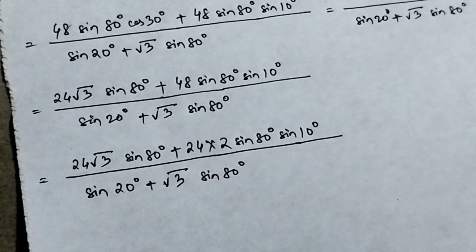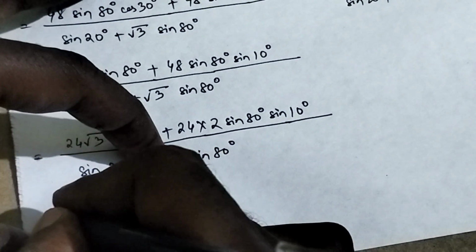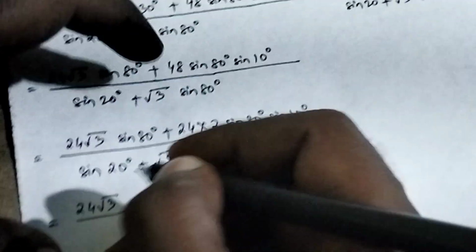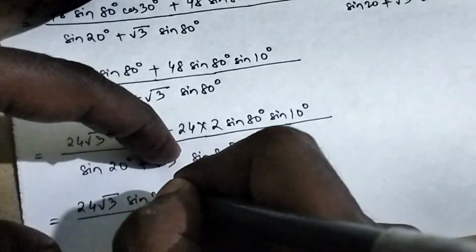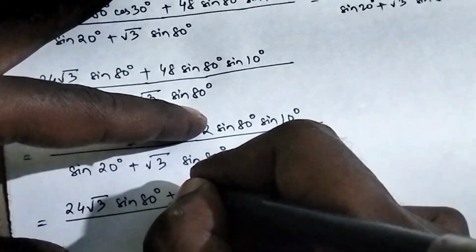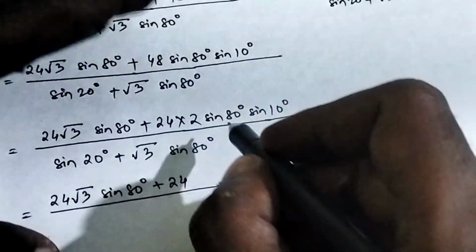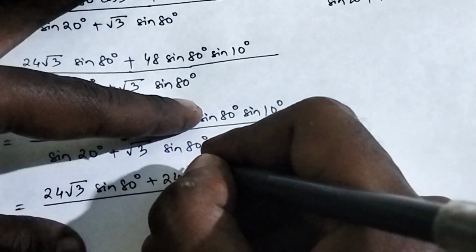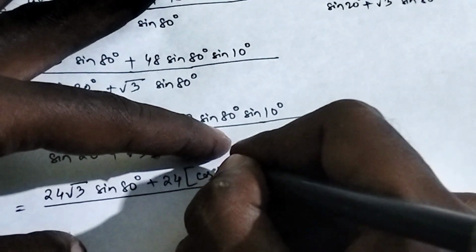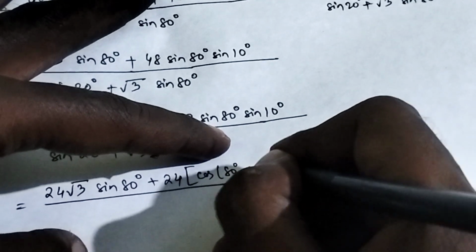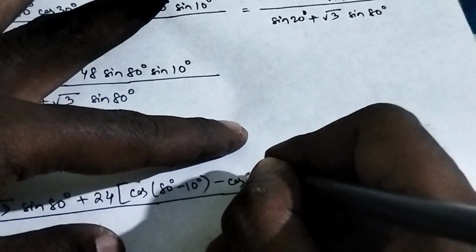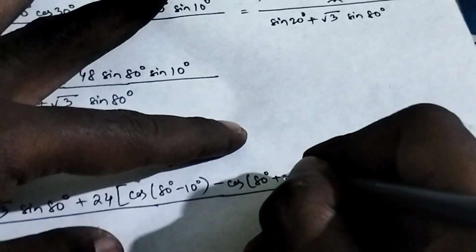So now, 24 root 3 sin 80° plus 24 into 2 sin A sin B. Again the same formula: cos(A minus B) minus cos(A plus B), that is cos(80° minus 10°) minus cos(80° plus 10°).